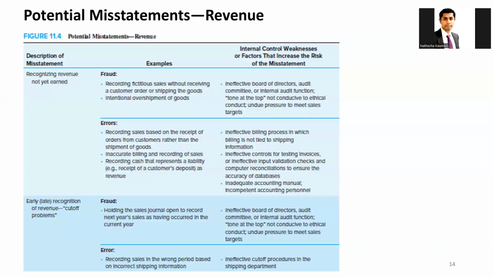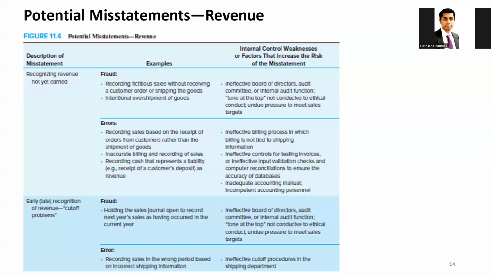So recording sales based on the receipt is an error. Sometimes if they are doing it intentionally, I would say that is a fraud. But there are some trainees in the sales division who don't know this revenue principle or the accounting treatment very well. Sometimes unintentionally these things can happen. In that case, those are categorized as errors.